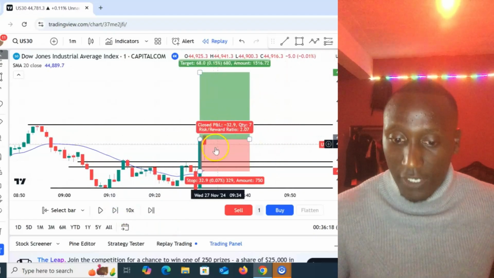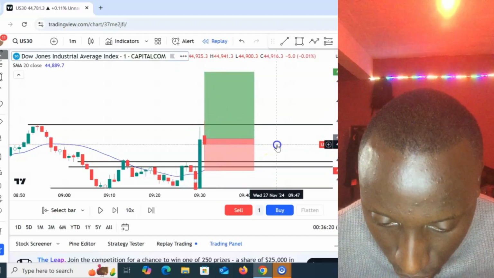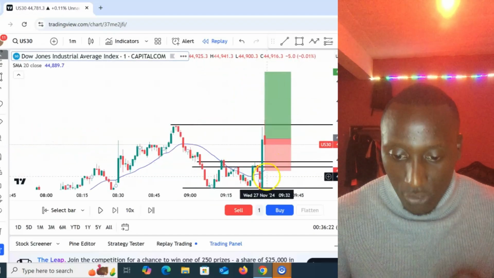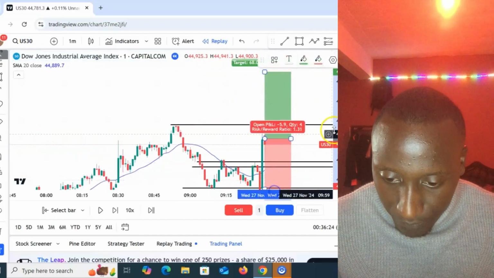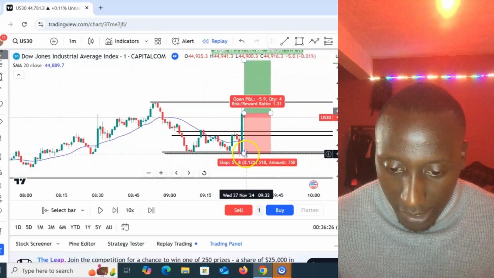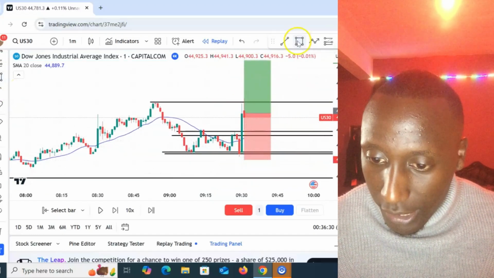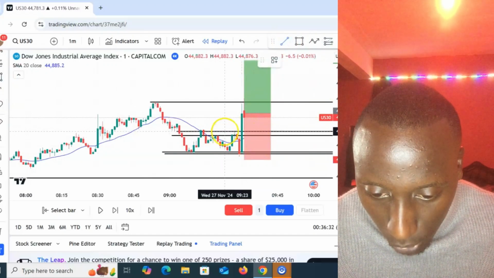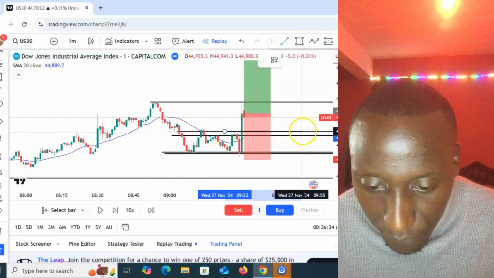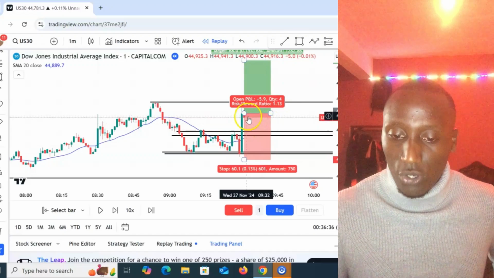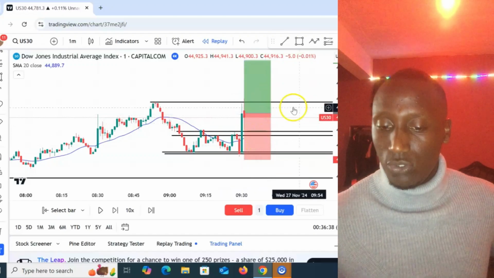So notice it's a failed breakout. My stop loss was actually down here, below the breakout candle. Now, my thinking was, I will bring my stop loss below this failed breakout's low. So if we break below it, I'm out.